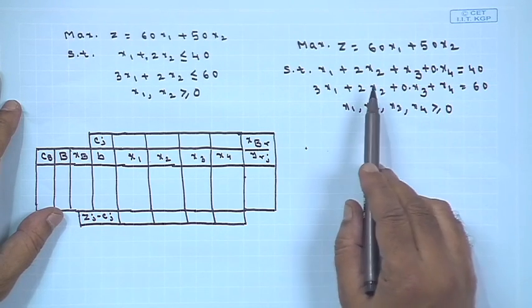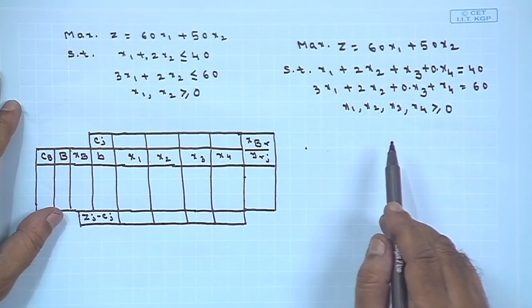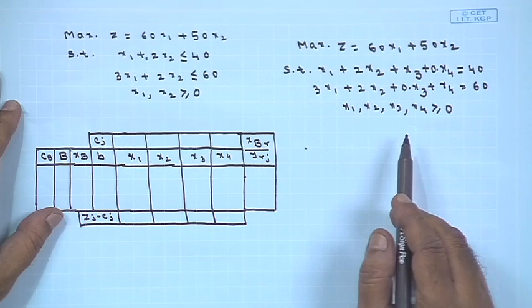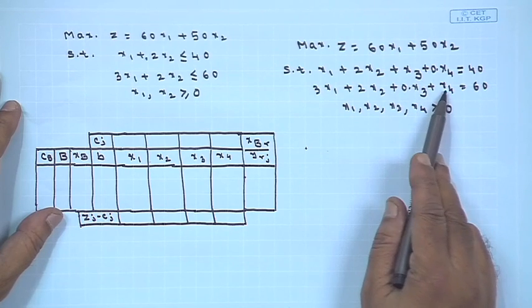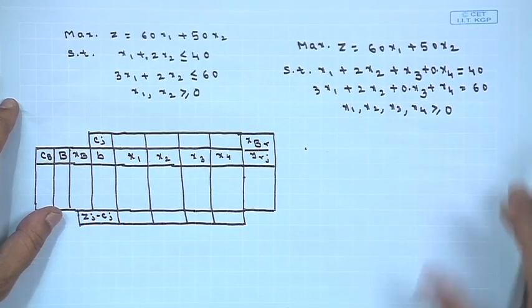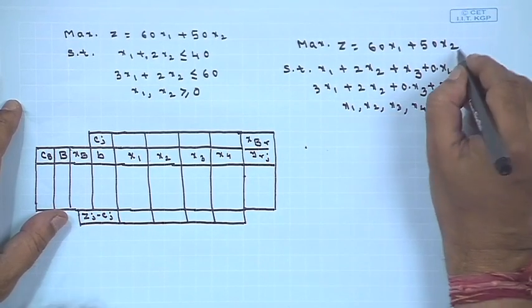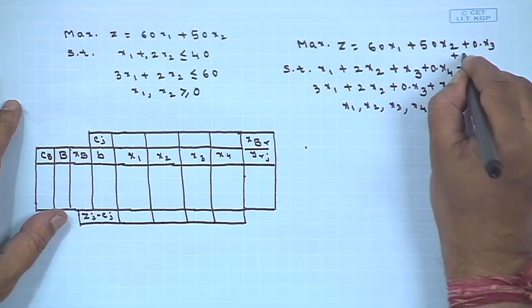So, what is happening here? Since I have 2 less than equals type inequalities, I am adding 2 slack variables x 3 and x 4. So, what is the cost associated with this? The cost associated with a slack variable will always be 0.